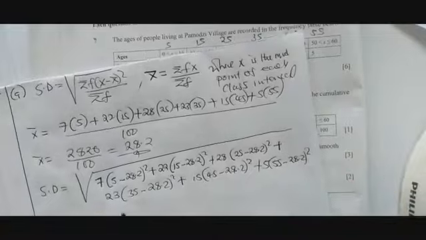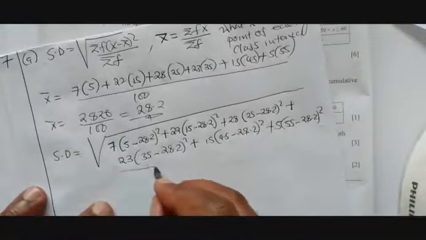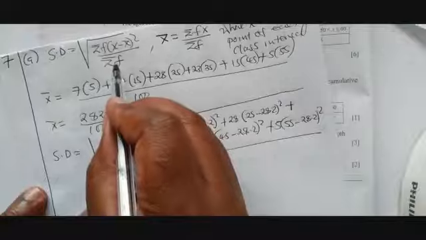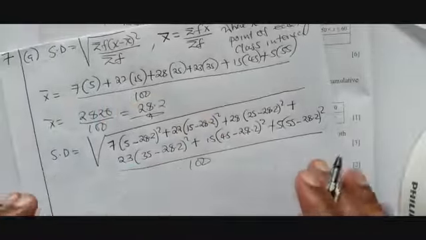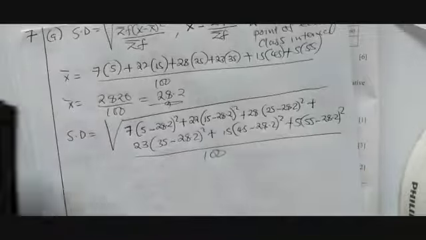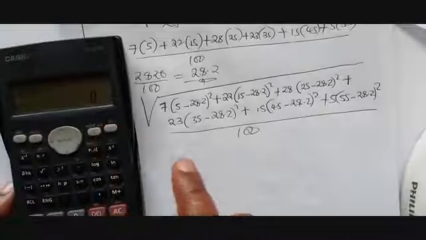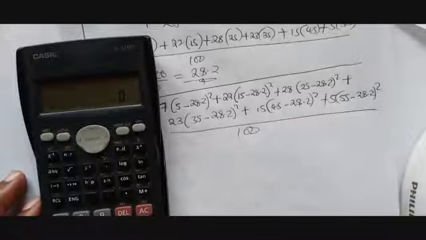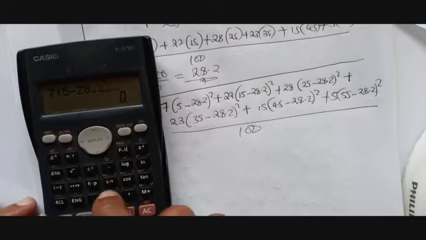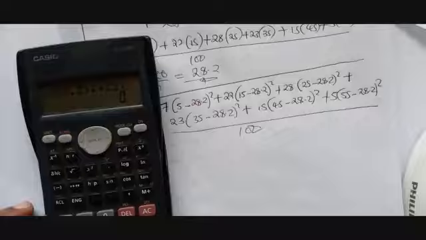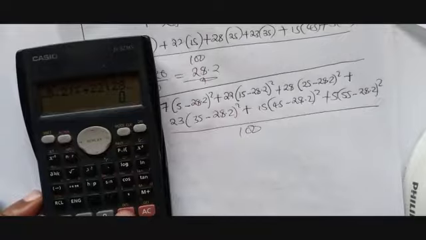That's the formula. You divide everything by sum of frequency, which is what? 100. Then you get your calculator. Just have to take your time when punching. You get your calculator and try to work it out. Okay? So you say 7, open the bracket, 5 minus 28.2 squared, plus 22, open the bracket, 15 minus 28.2 squared. Take note, we can easily make that mistake, so you have to be careful.